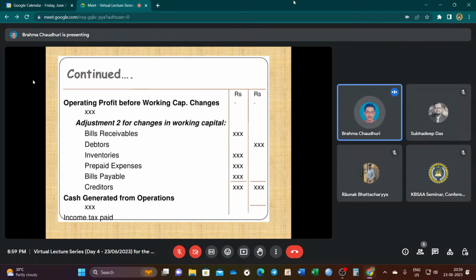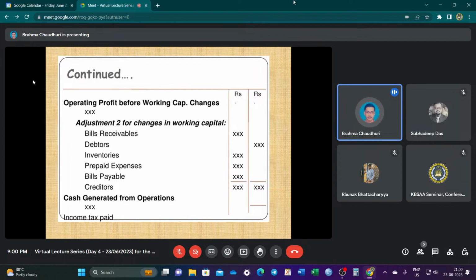Now, there is a thumb rule for calculating the impact of an increase or decrease in current assets on the cash flow statement. There is a negative relationship. If the current assets increase, cash flows will decrease, and if the current assets decrease, cash flow will increase. How? Suppose goods have been sold for cash.